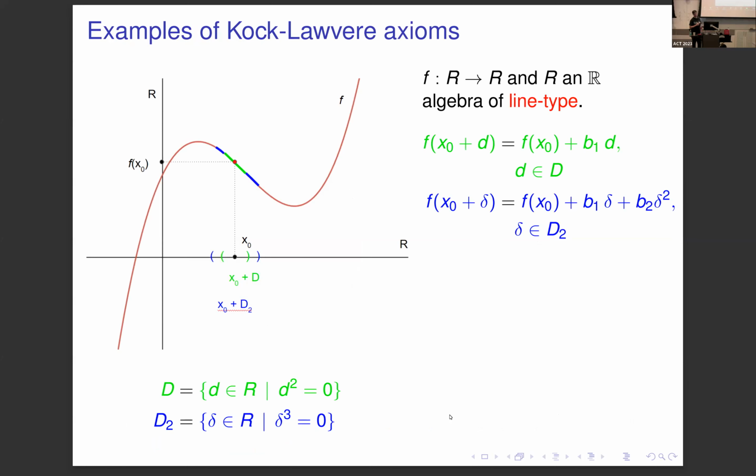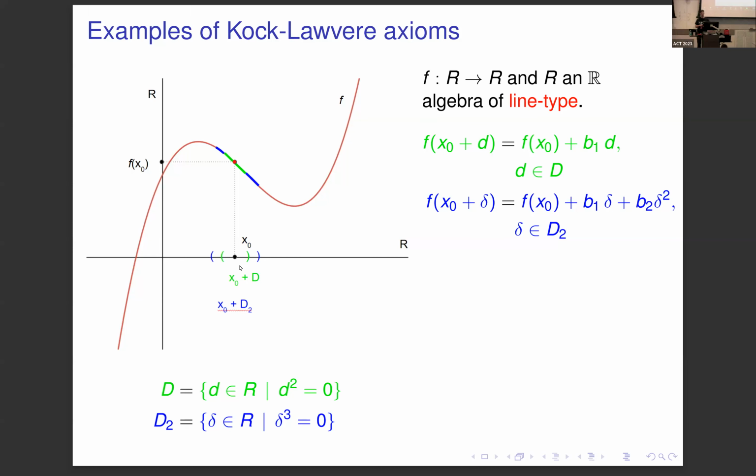So what you can see is my smooth function f. This smooth function f can now be evaluated at a point, and then I can restrict to the green region. The green region would be the first-order infinitesimals, so they square to 0. And the Kock-Lawvere axiom tells me that it becomes a line. So when I restrict this function to first-order infinitesimals, it is a line, or an affine function.